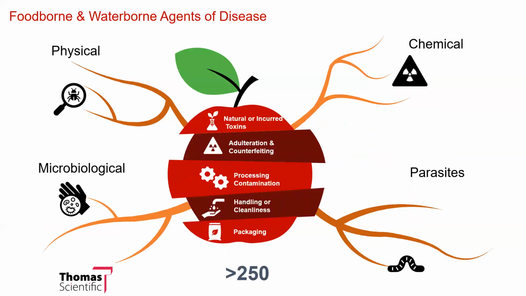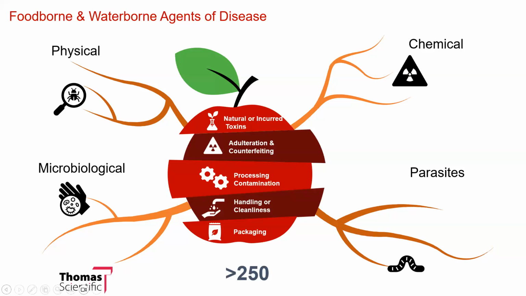So where do these foodborne illnesses come from? Well, they can come from natural or incurred toxins, things like cyanide in different seeds of different plants or trees or fruits. They can come from adulteration or counterfeiting, where somebody thinks that they're getting one particular type of material and they're getting something else.